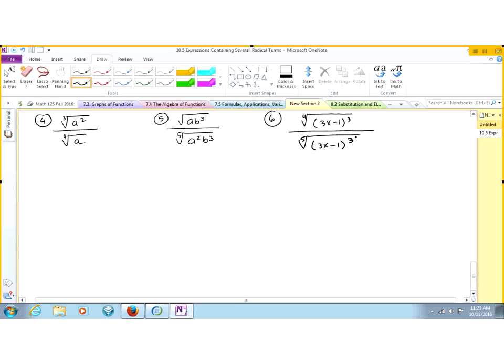So what homework do you have tomorrow? 10.5 only? 10.4 was due on Sunday already? Oh, okay. I think the other Math 125 is a little bit more advanced. They already do this section, right? They probably finished chapter 10.